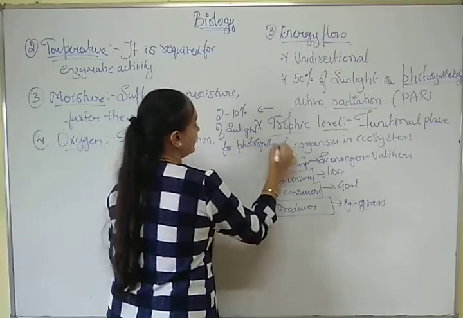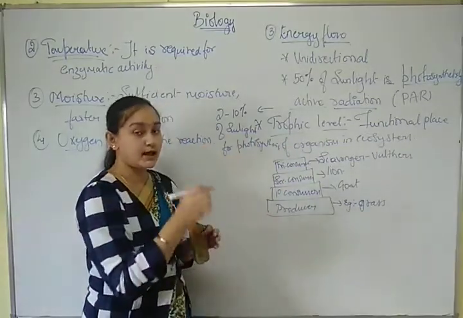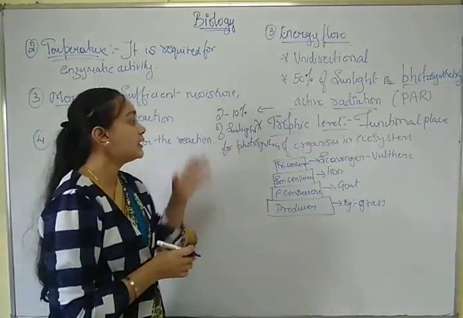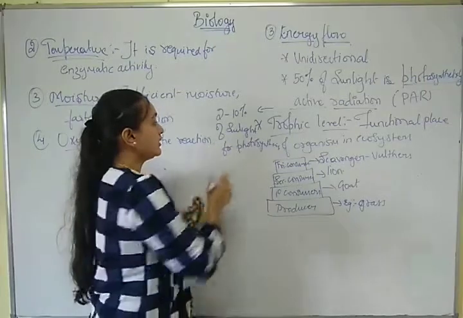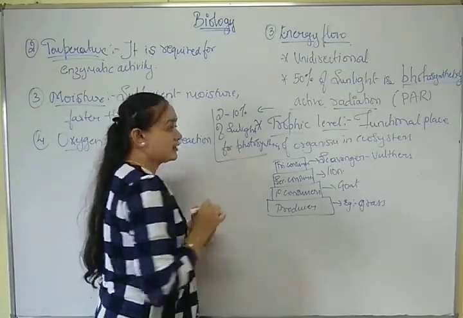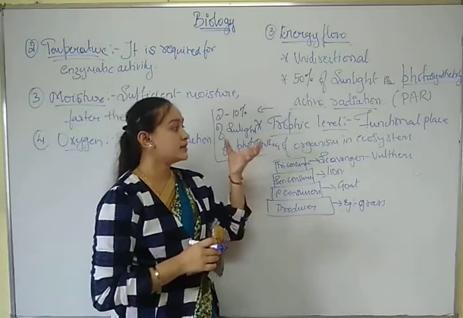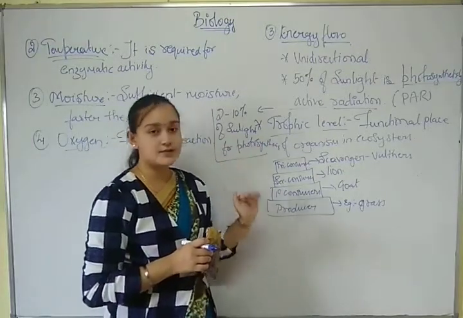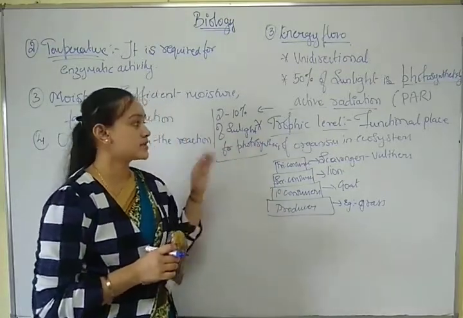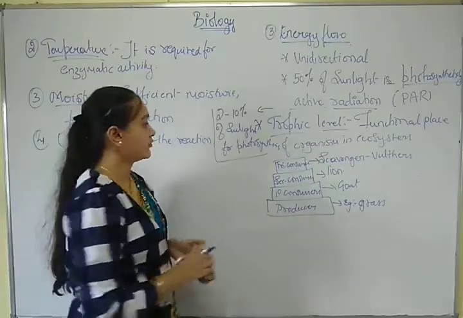And next, the trophic level is the functional place of an organism in the ecosystem.